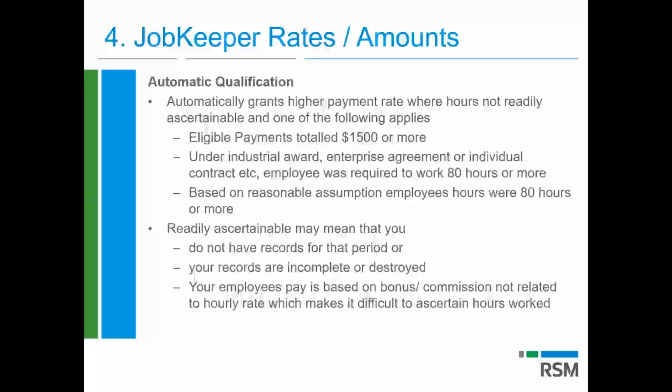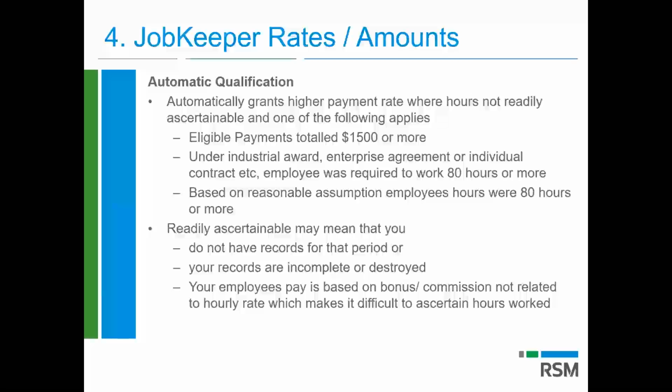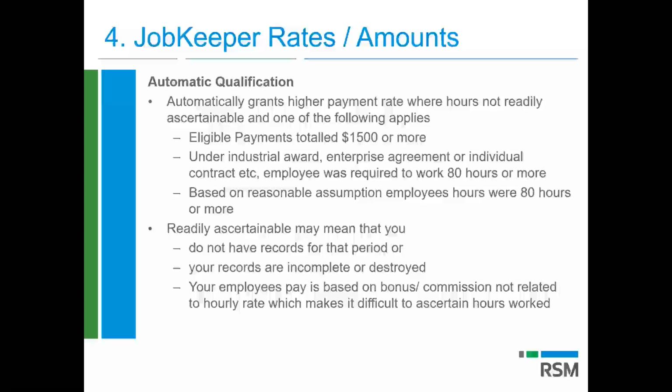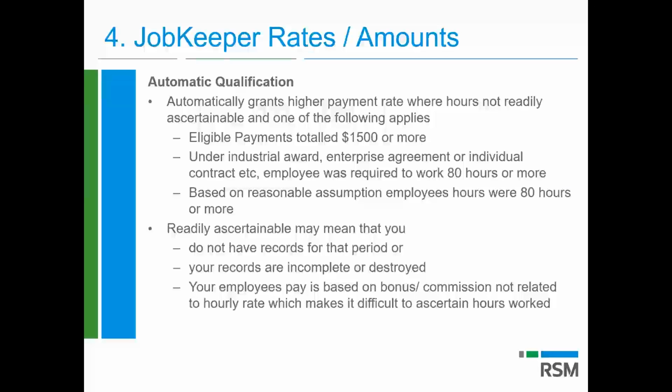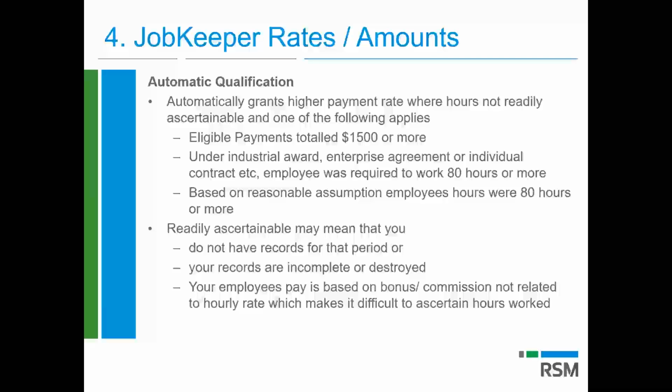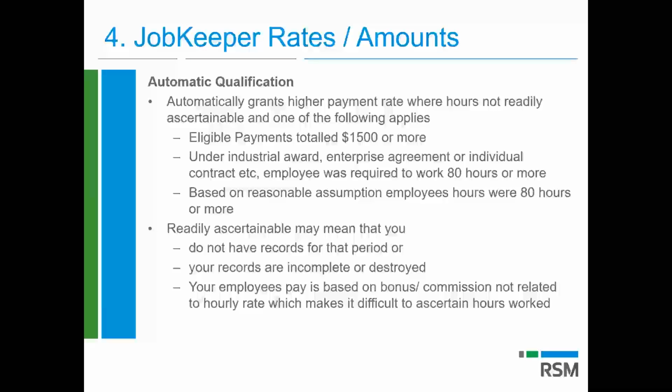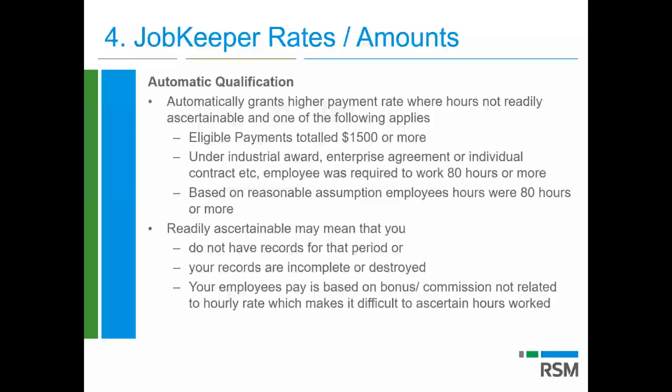There may be some situations where the number of hours worked are not readily ascertainable and therefore eligibility of employees can't be determined. Where this is the case, so long as one of the listed criteria are met, the employee will be deemed to be eligible for the higher rate. And the listed criteria are that the eligible payments to the employee were $1,500 or more in the 28-day period.